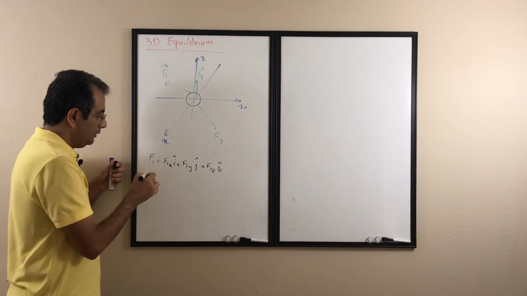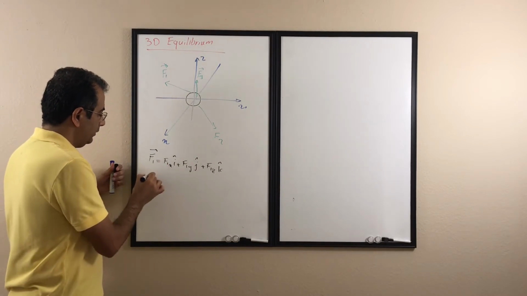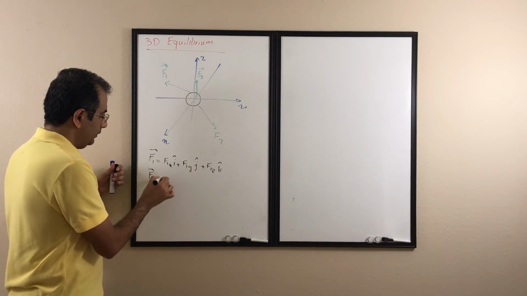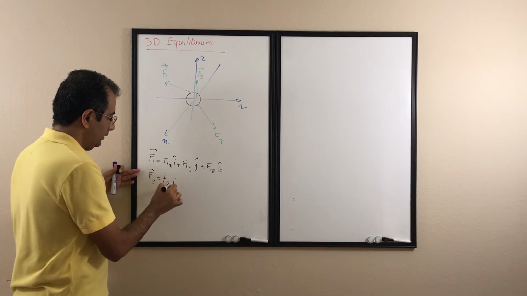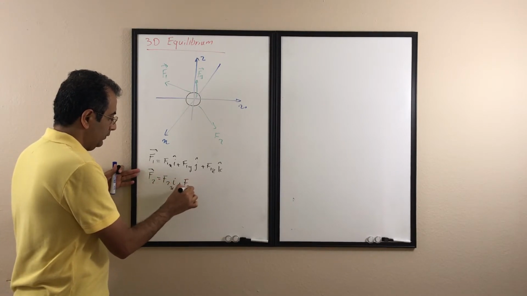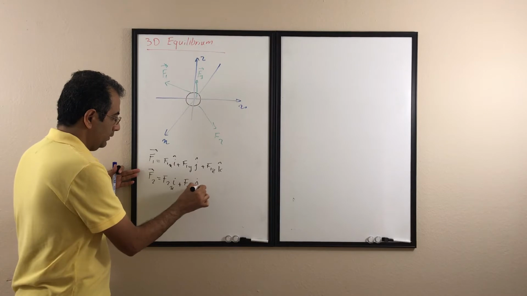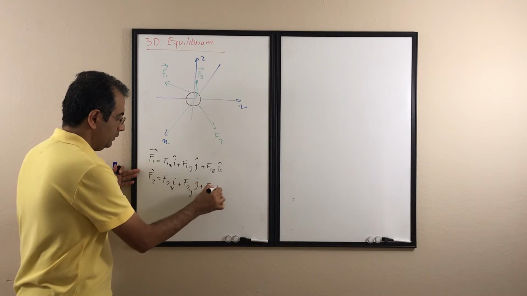And the same, we write it for all of them. So it's the same thing for F2: F2x i plus F2y j plus F2z k.